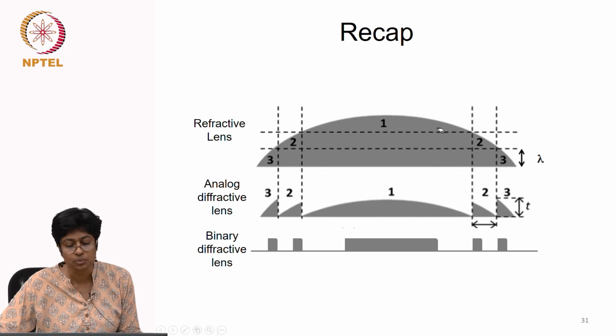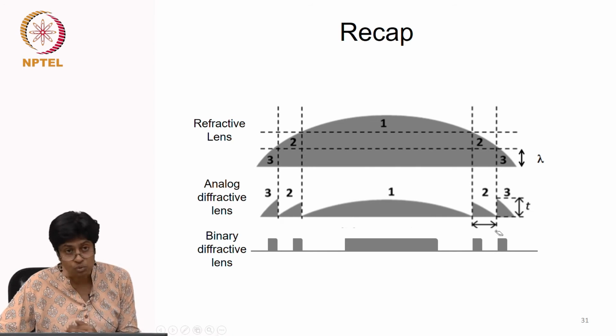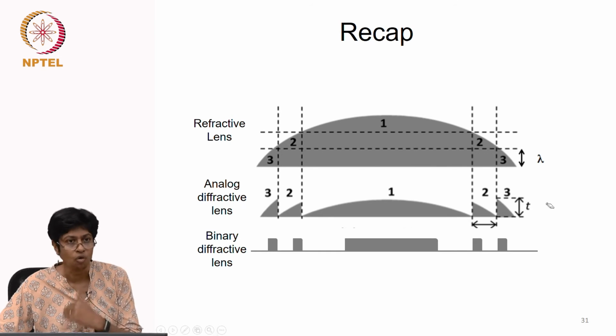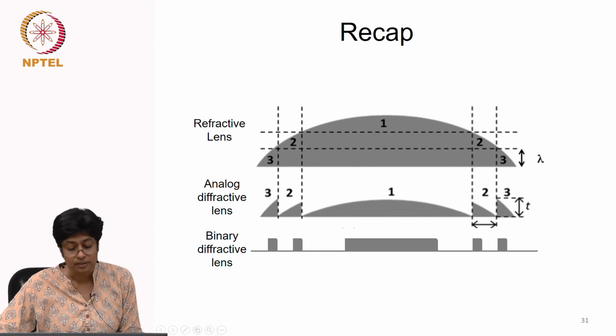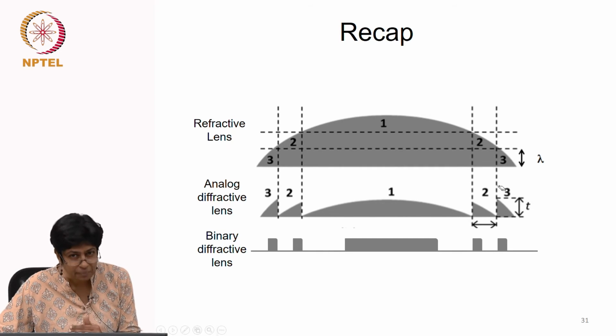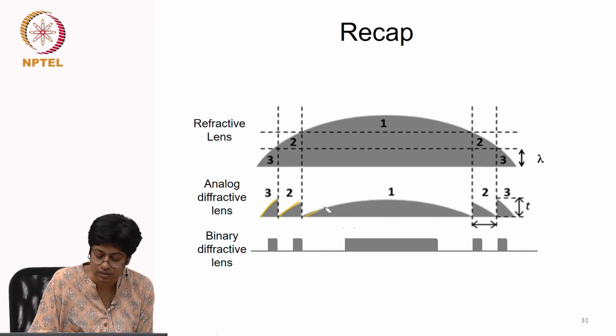And we saw that yes, we can do that, and we'll end up with an element like this, and we do call this diffractive if this height is in the order of wavelength. This structure in the middle is still quite hard to fabricate with current technology because it has these curved structures.